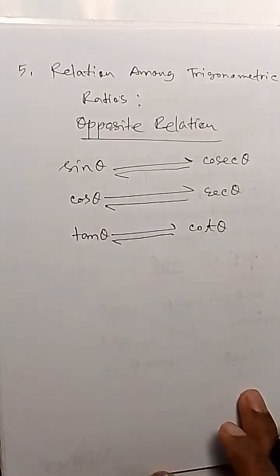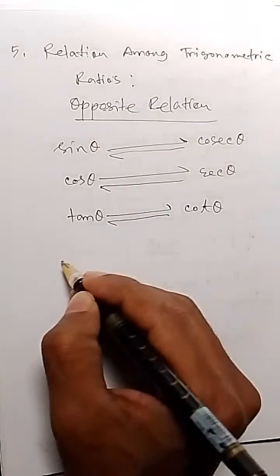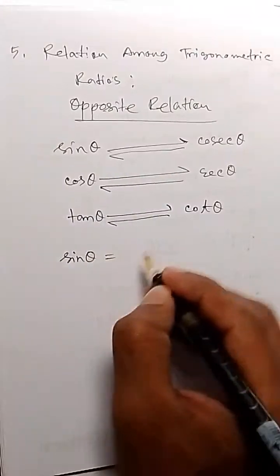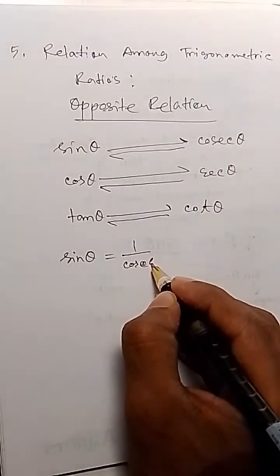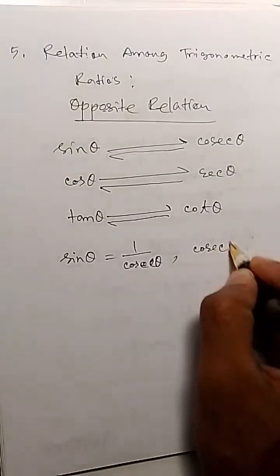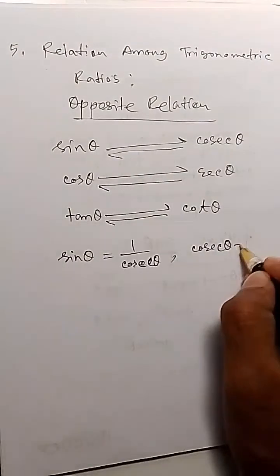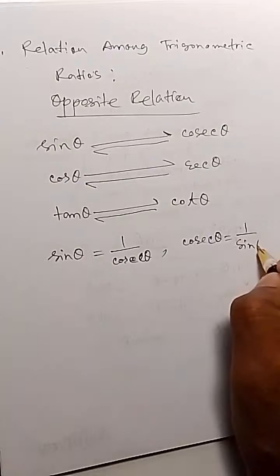Now this can be written as sine theta is equal to 1 divided by cosec theta, and cosec theta can be written as 1 by sine theta.